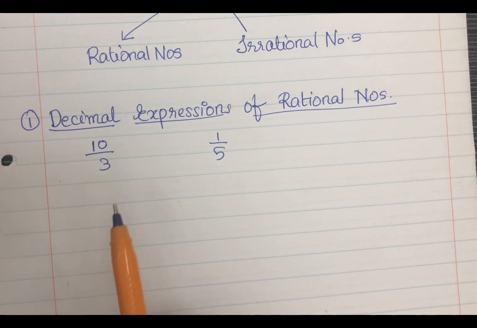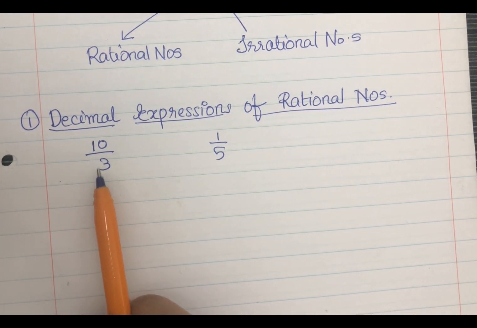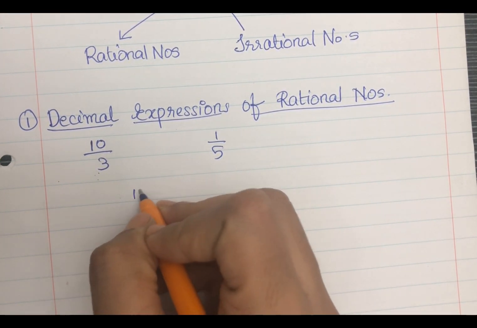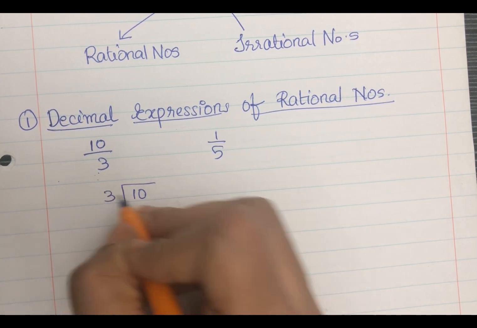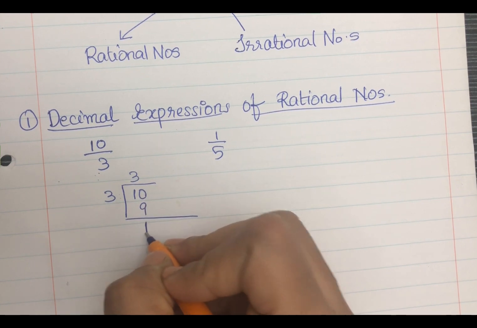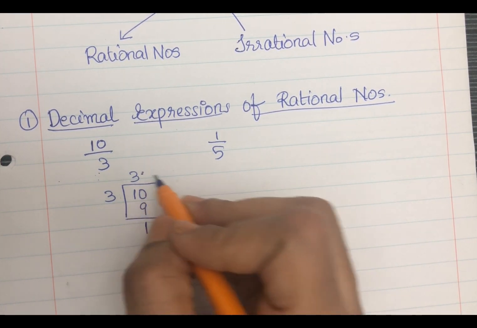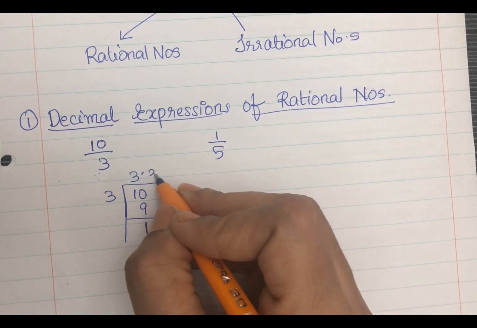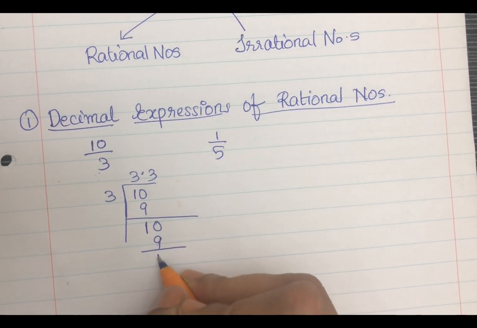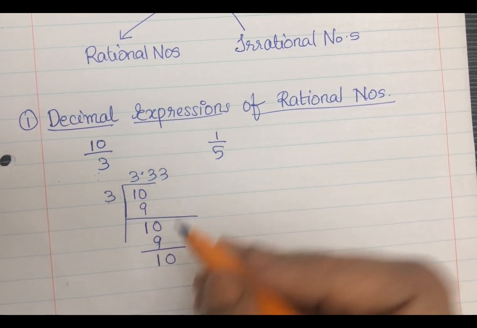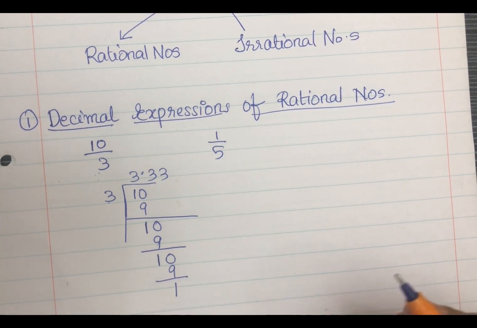To find the decimal expression of 10 by 3, we'll do the long division of 10 divided by 3. 3 3s are 9, remainder 1, then 0, 3 3s are 9, remainder 1, and again 3 3s are 9, remainder 1.